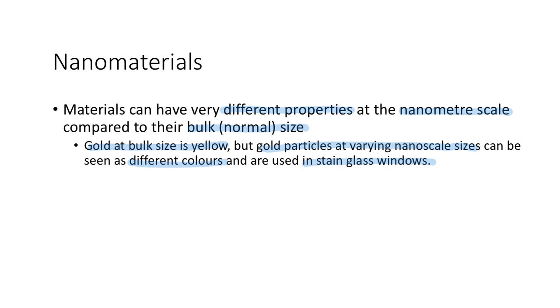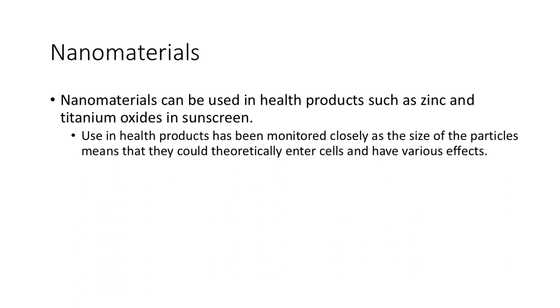In general, we study nanomaterials because they have different properties from their bulk materials, and if they have different properties, they can be used in different ways. The only problem is in health products, such as zinc and titanium oxides in sunscreen. Zinc and titanium oxides are what make your sunscreen kind of sparkly now.